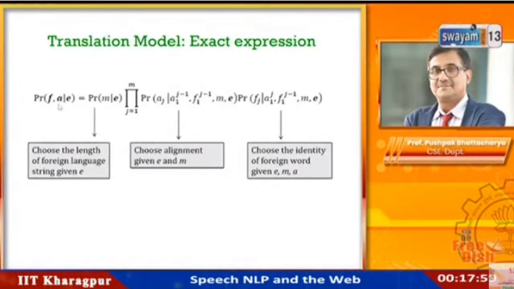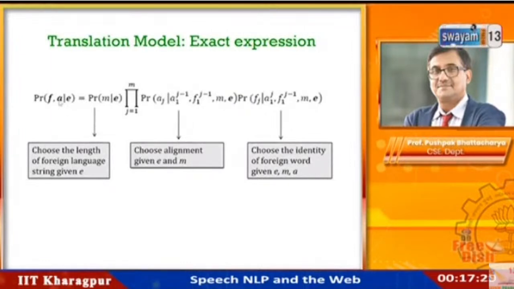Now, what is happening here? What is happening here is that the length of F and the length of A are the same, 1 to M. Now I can express F, A as a tuple: F1, A1, F2, A2, F3, A3 up to Fm, Am.